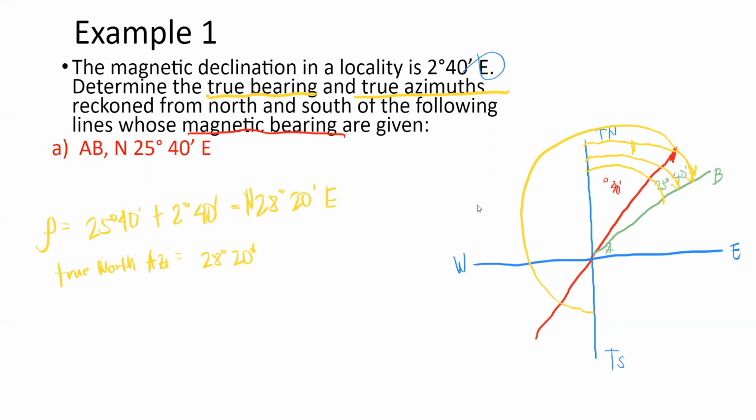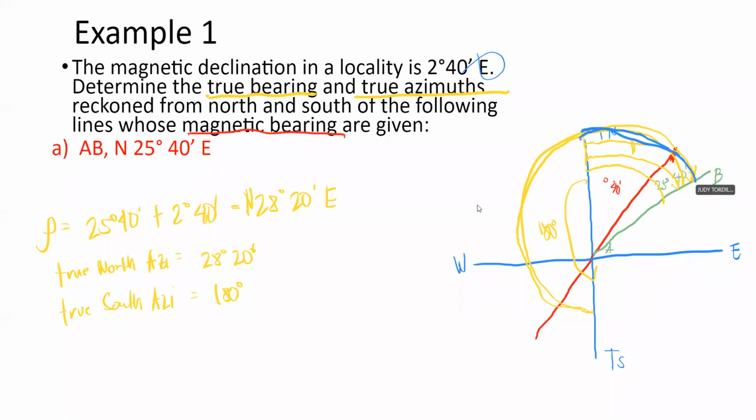How about the true south? So pag true south naman, galing tayo dito sa south, papunta doon sa line na minimeasure natin na AB, right? So we have, di ba, alam natin that this is 180 degrees. So mag-add lang tayo. So for the true south azimuth, we will have 180 degrees plus etong angle na to. I-add lang natin itong angle na yan.